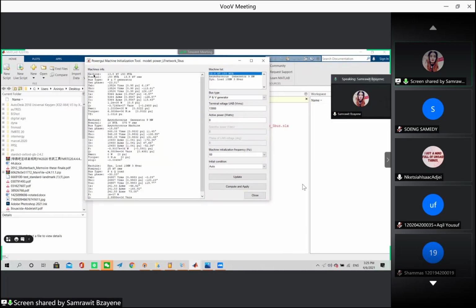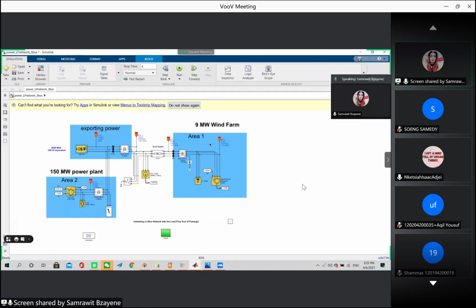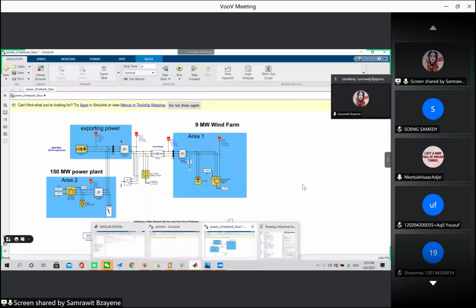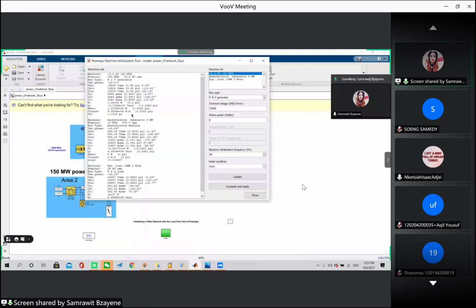Yes, we can see from this that we have only the synchronous generator, which is the wind farm, connected to this dynamic load, and we start substituting the power. You can see it from the information that they give us. This means it gives us the notification.